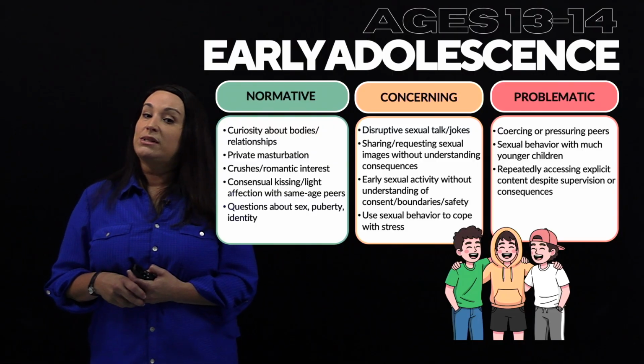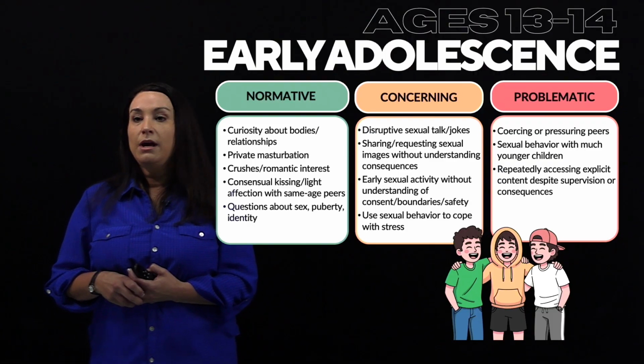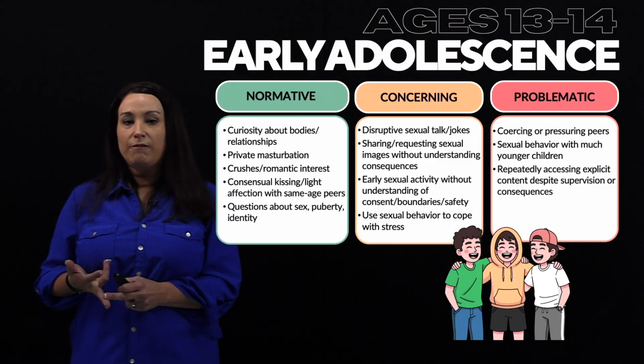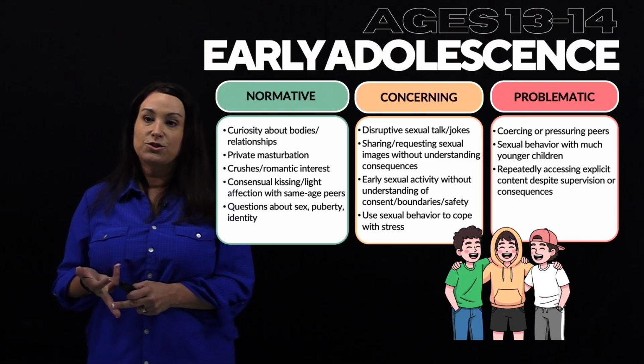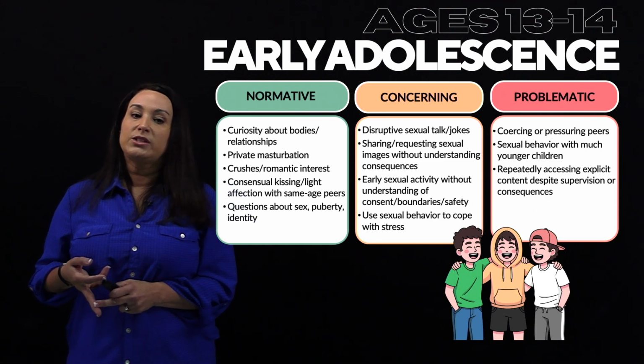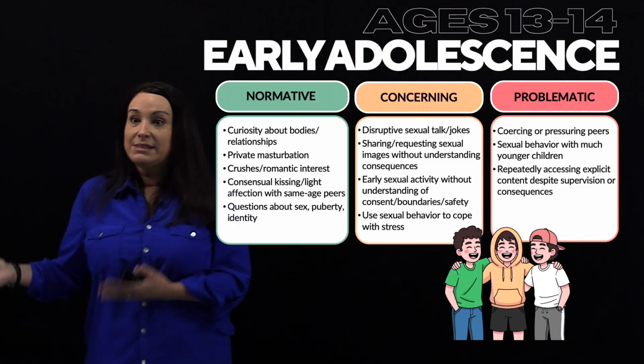Concerning is sharing and requesting sexual images without understanding the consequences; unsolicited images, or any sexual images of themselves, are considered child pornography at this age. Also concerning is early sexual activity without understanding consent, boundaries, safety, and pregnancy, for example.